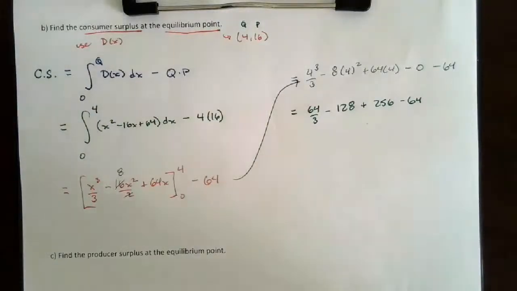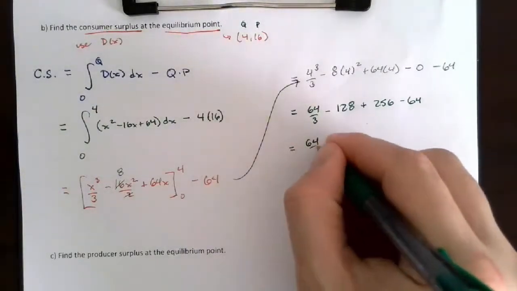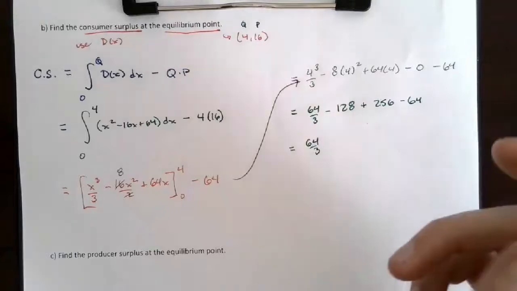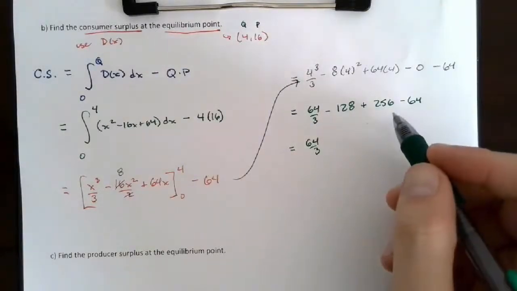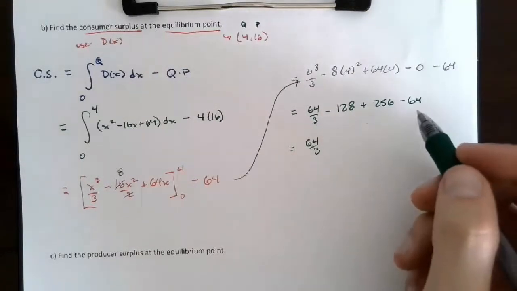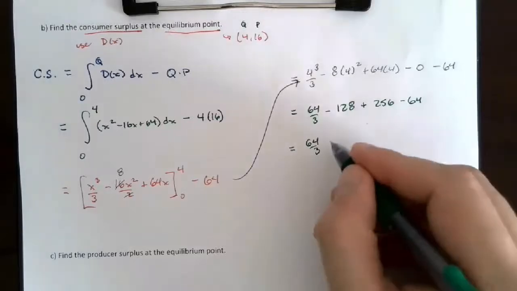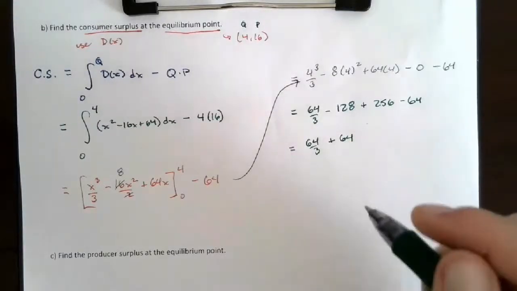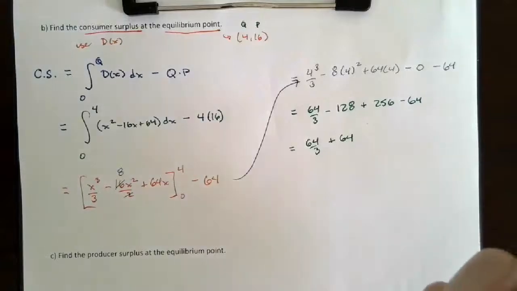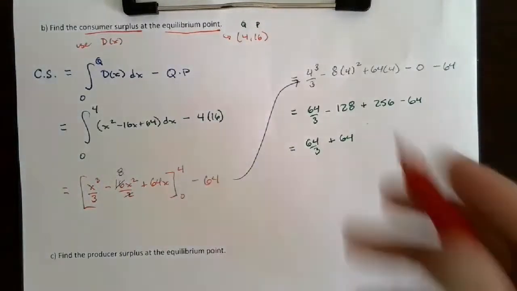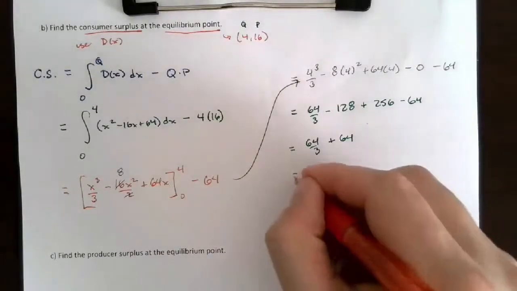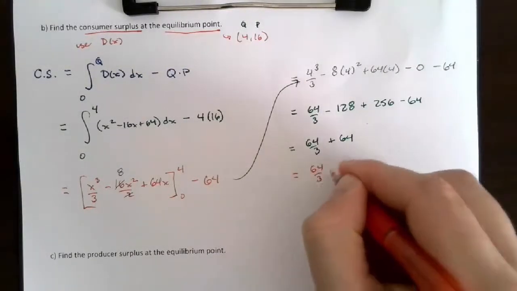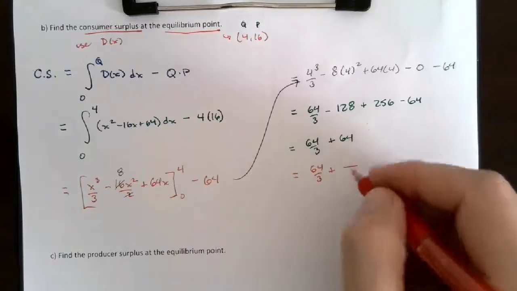And combining these, 64 over 3, I'll handle that in a minute. Negative 128 plus 256, that would be 128. 128 minus 64 will be plus 64. And if you're leaving this as fractions, you could rewrite these using a common denominator. 64 over 3 plus, how do I write 64 as something over 3?